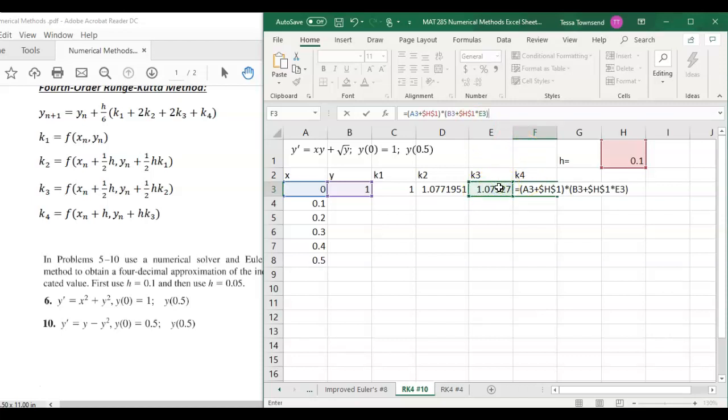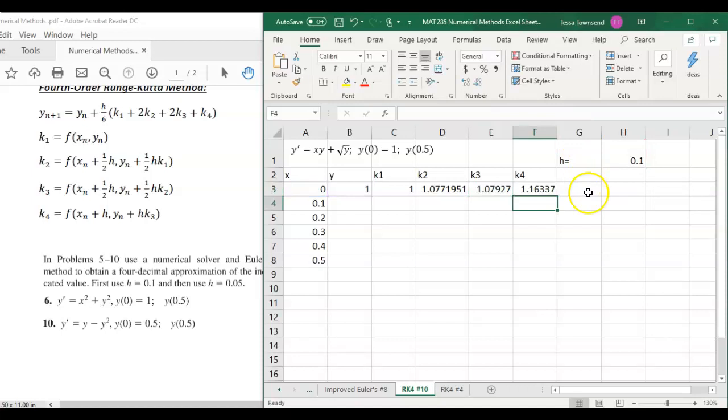So that's X times Y plus the square root of Y. Just going to copy and paste that Y. Enter. And we get that.